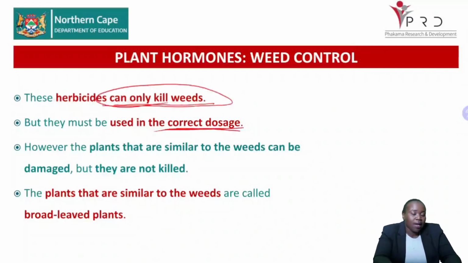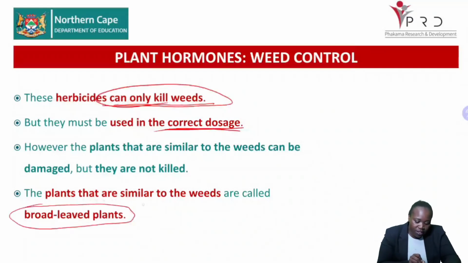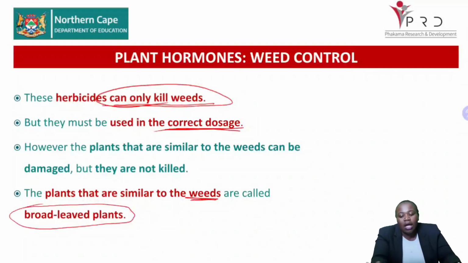And it usually targets what we call the broad-leaved plants. So these broad-leaved weeds are easily killed by the weed killer or the herbicide. However, it means that if you plant plants that look like the weeds or broad-leaved plants, those crops would easily be affected by the herbicides.